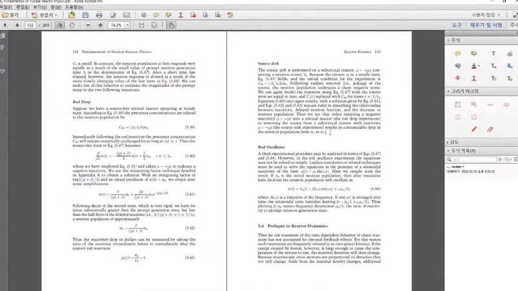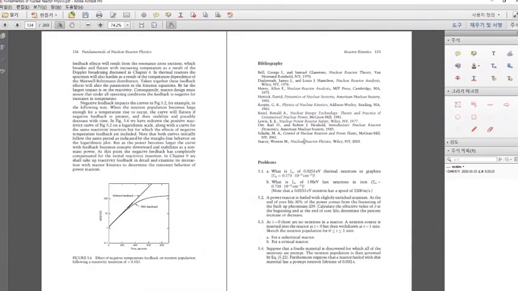I conclude this chapter by mentioning that currently we have not considered any feedback effect, but in chapter 9 we are going to include feedback effect in our analysis. So this is the end of chapter 5.